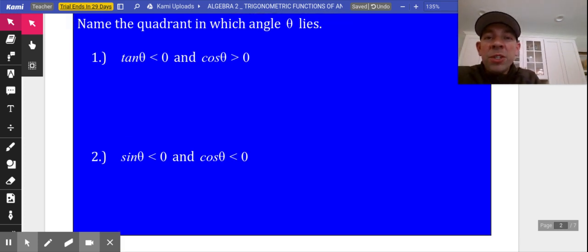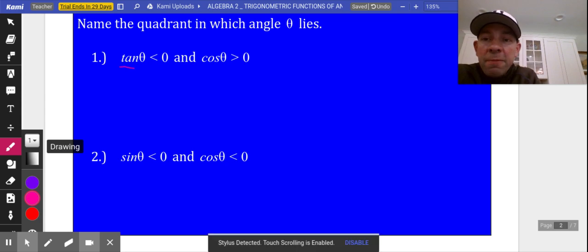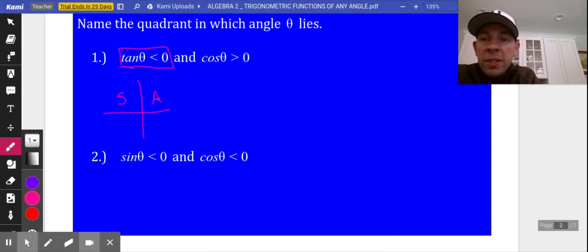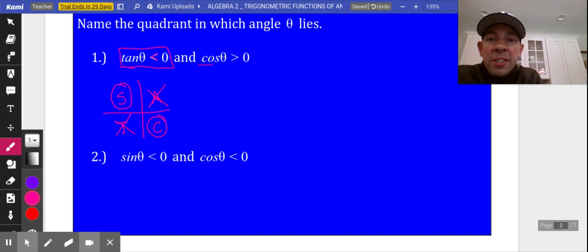Name the quadrant in which angle theta lies if, what if you knew that tangent was negative? All right, so when we draw our diagram, all students tip cows, tangent's positive in the first and third. So I'm going to cross those off because, again, less than means we want negative. So it could be this quadrant or this quadrant here, potentially. Now let's take a look at cosine.